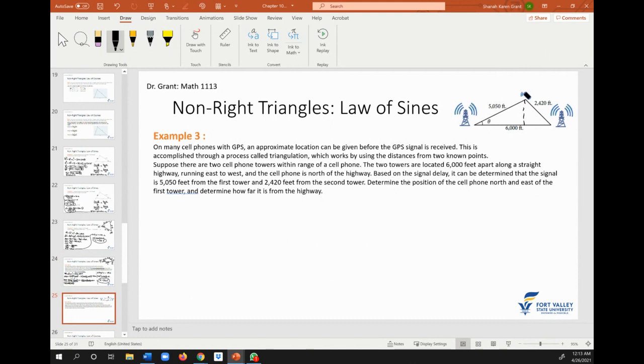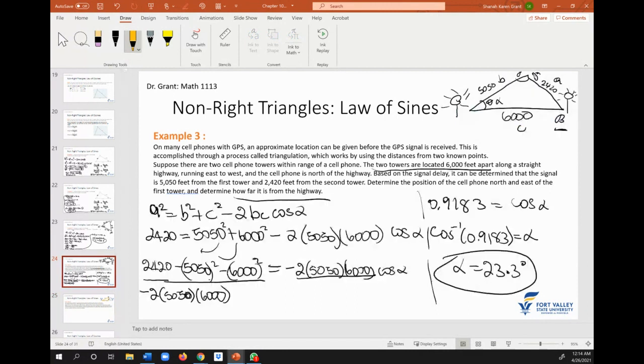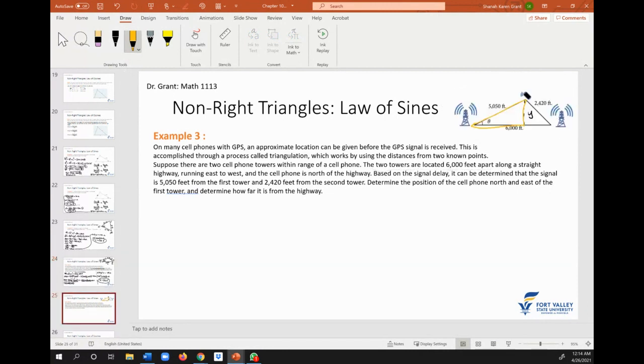So if we were to label this y or something, this is going to be my triangle here. We just found theta is 23.3, so I'm going to write that in.